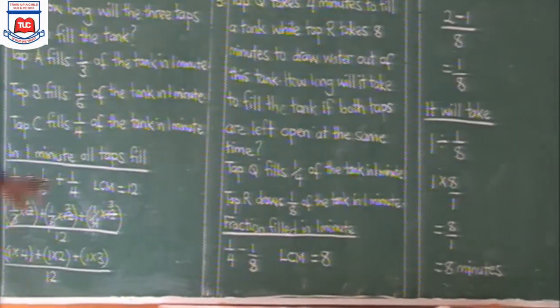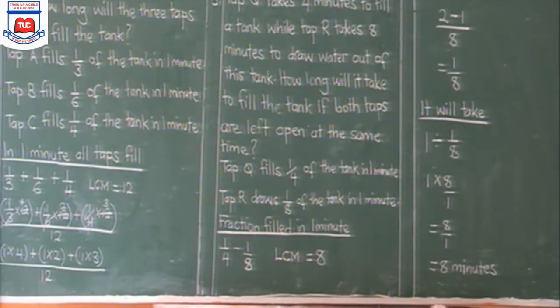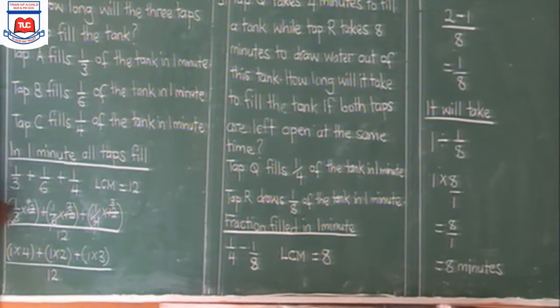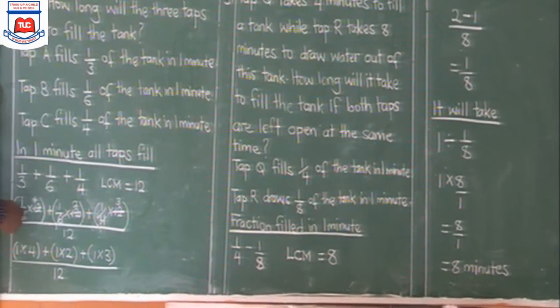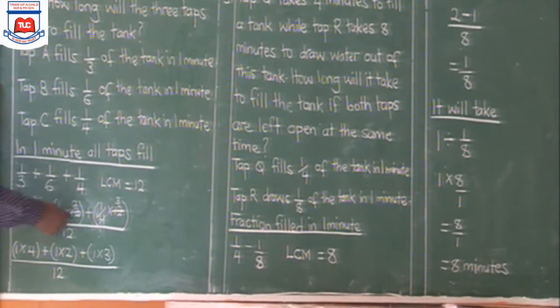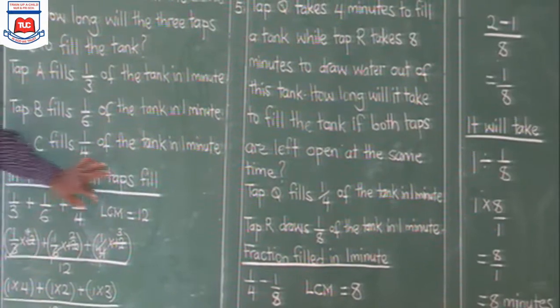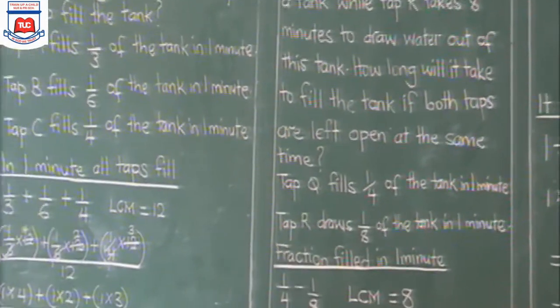So you multiply each of the fractions by the LCM predetermined. You say a third times 12 plus a sixth times 12 plus a quarter times 12, out of the LCM, which is 12.